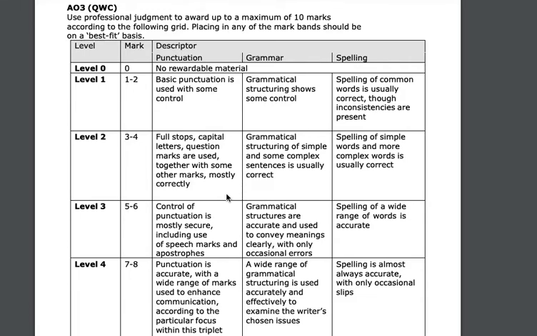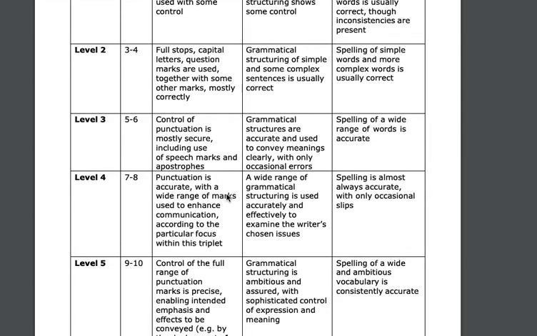Grammatical structuring is simple and some complex sentences, usually correct. Spelling of simple words and more complex words is usually correct. So that's not you even. Control of punctuation is mostly secure, including use of speech marks and apostrophes. Yeah, you need some speech marks in there. Grammatical structures are accurate and used to convey meanings with only occasional errors. Spelling of a wide range of words is accurate.